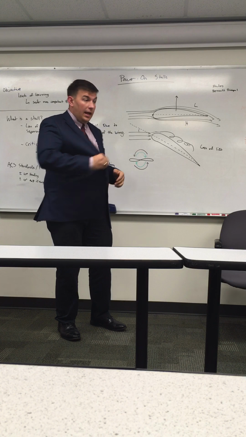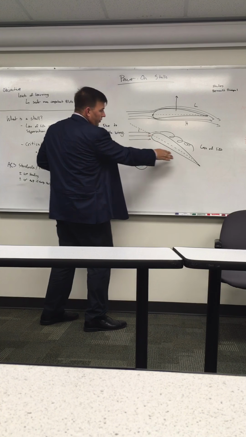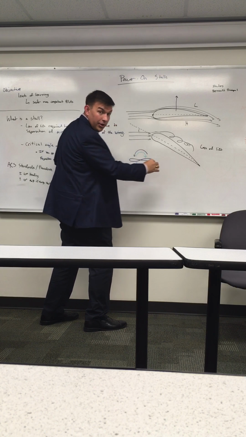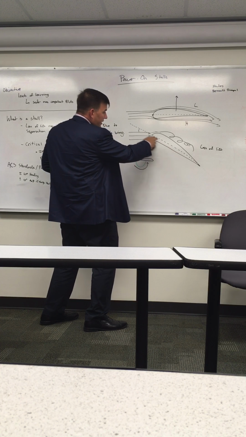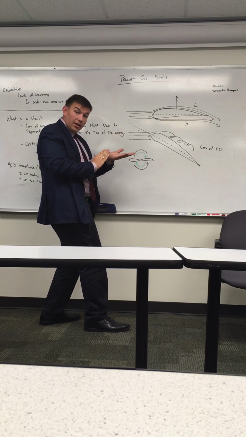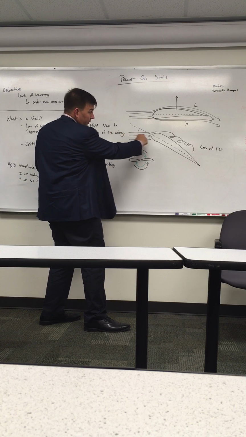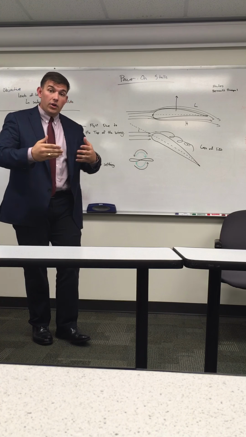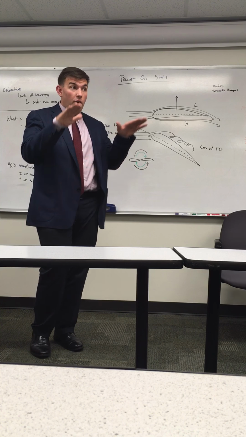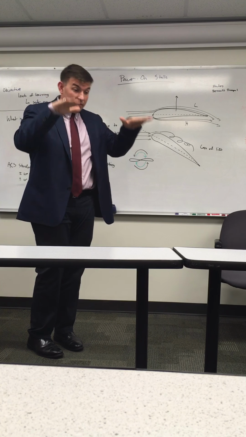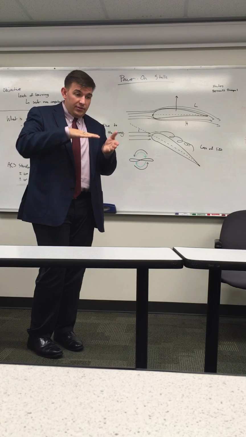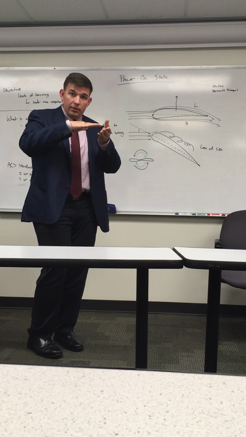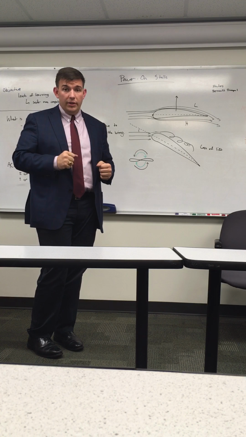I drew another airfoil here to demonstrate, perhaps a little exaggerated. If we take the angle of that chord line to the relative wind that we have here, that is called our angle of attack. We can have a positive angle of attack, we can have a negative angle of attack. Our angle of attack is the angle of the chord line to the relative wind.